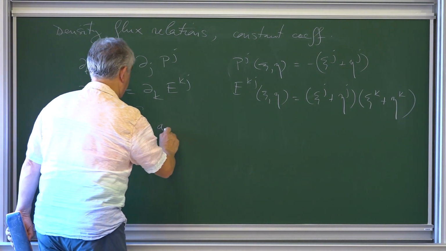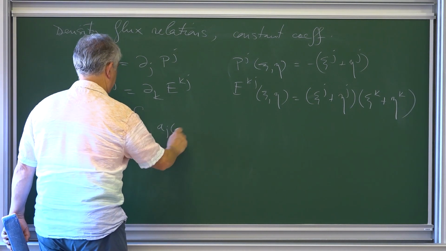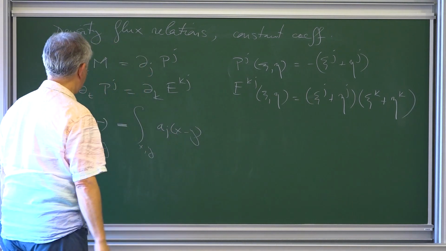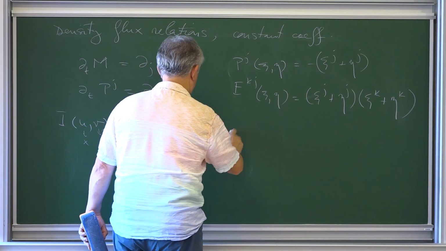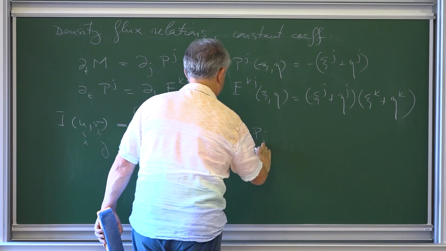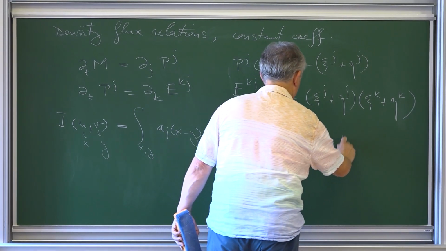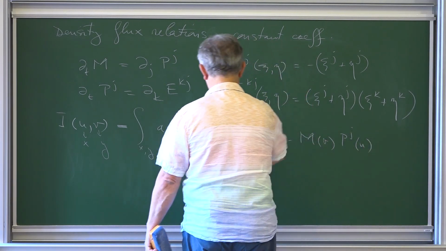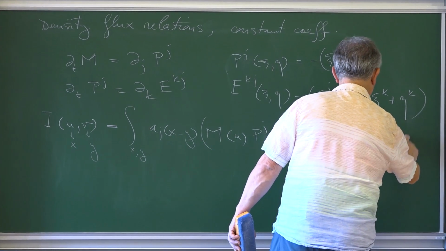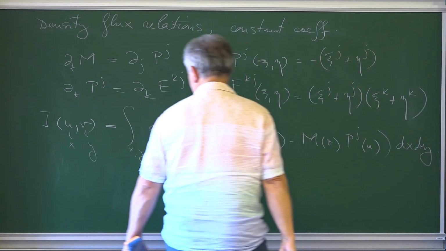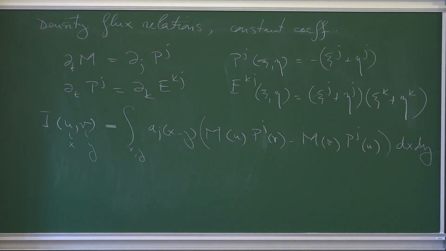But now we have some weights, aj of x minus y, to make this translation invariant, times m of u pj of v minus m of v pj of u, dx dy. And of course, the interesting thing happens when you take the time derivative of this interaction Morawetz functional. This is supposed to capture how much these two solutions u and v interact.